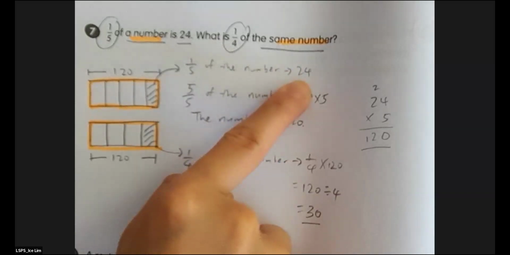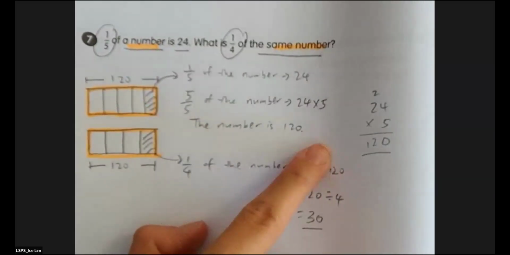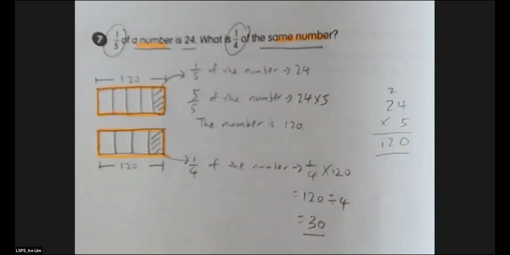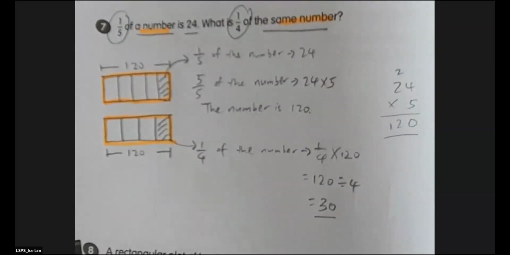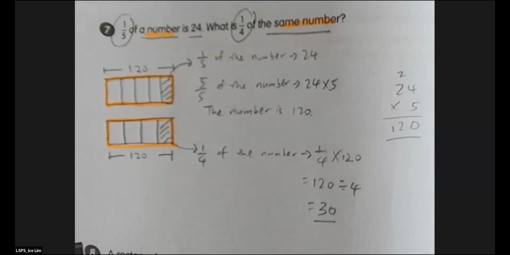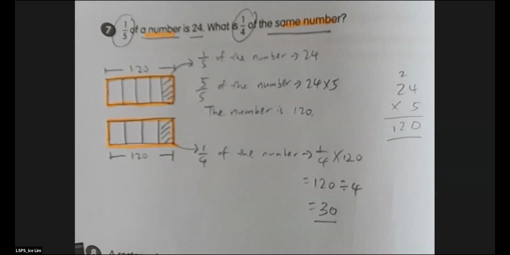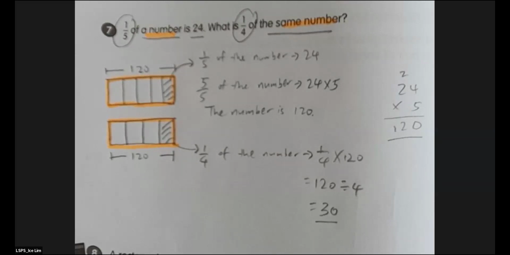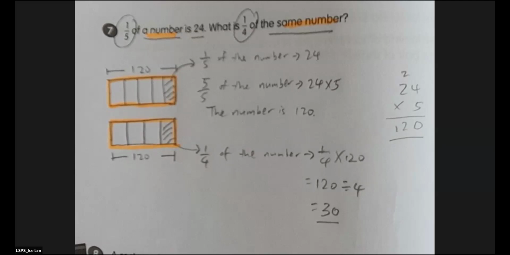One part will be 24. So actually the number will be 120. Then in the second scenario, I take the same number, which is 120. I cut it into quarters instead, which is 4 units. And I divide, and I get 1 unit.